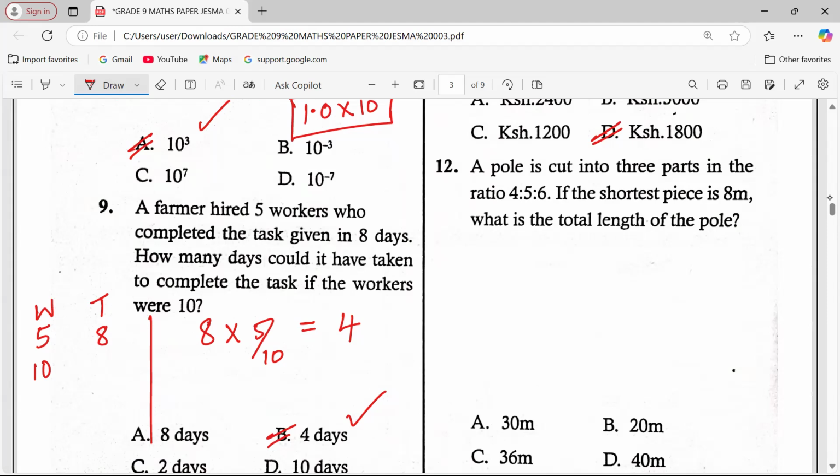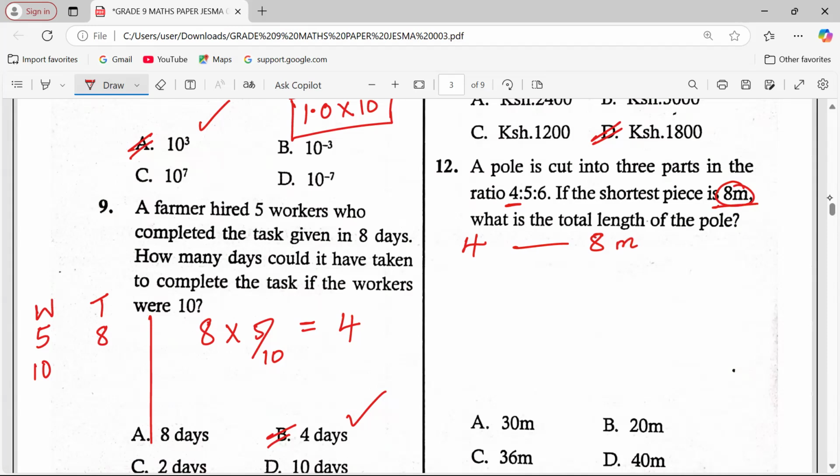One, we can ask ourselves, the shortest piece definitely means this 8 meters corresponds with the smallest proportion, which is a 4. Therefore, 4 proportions are equivalent to 8 meters.